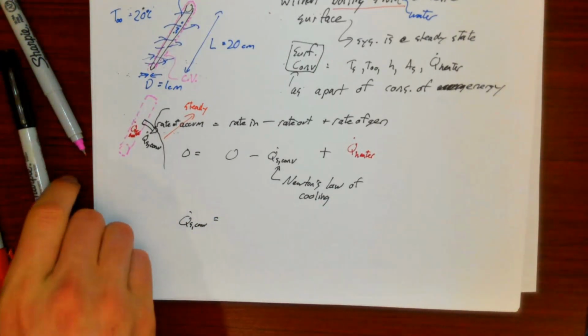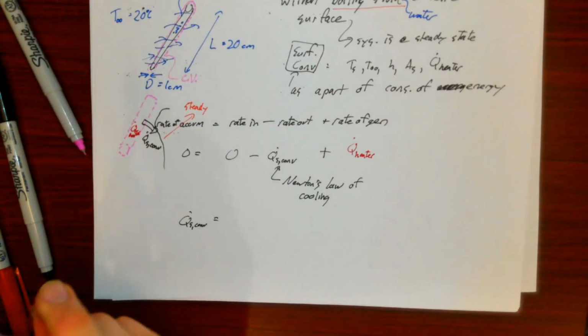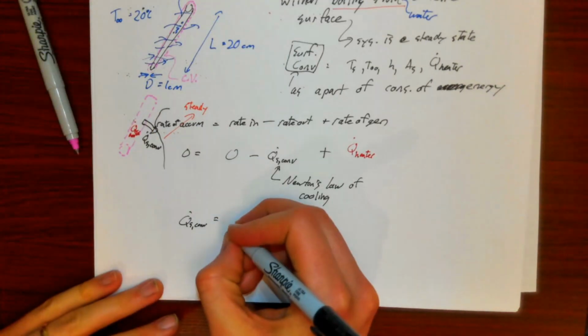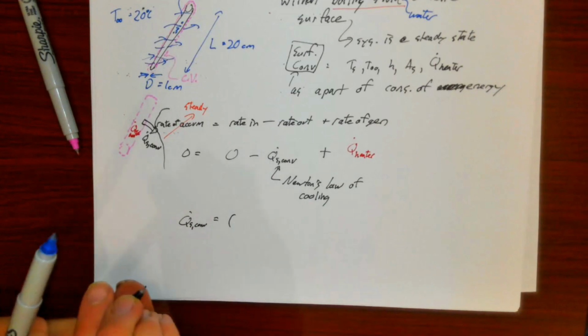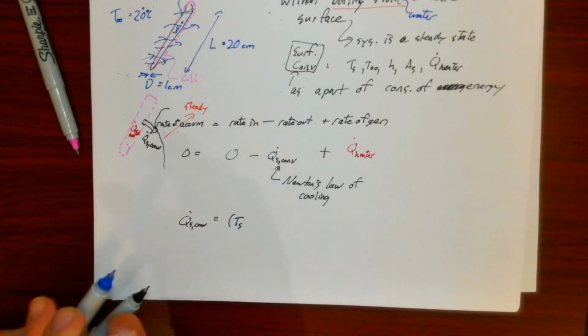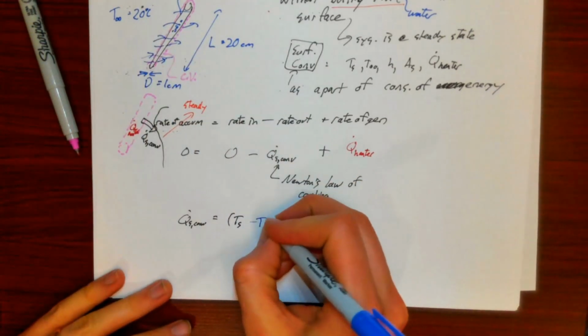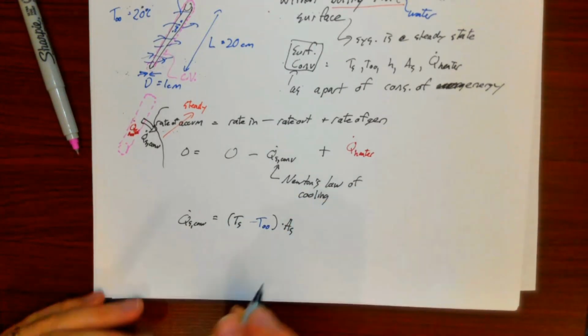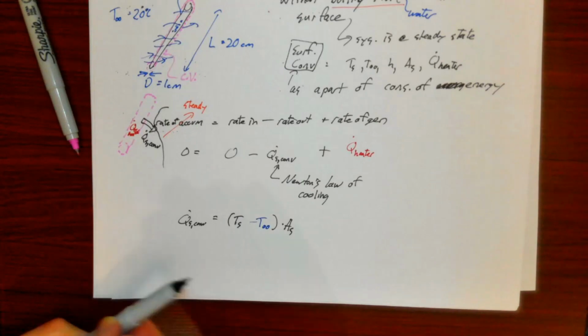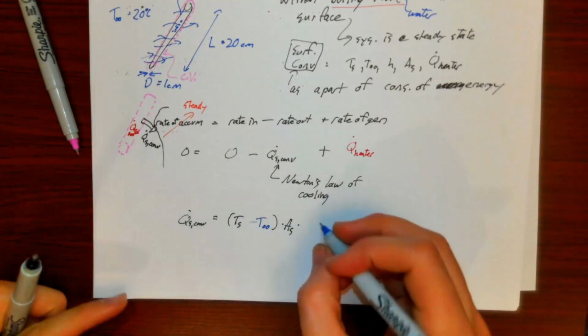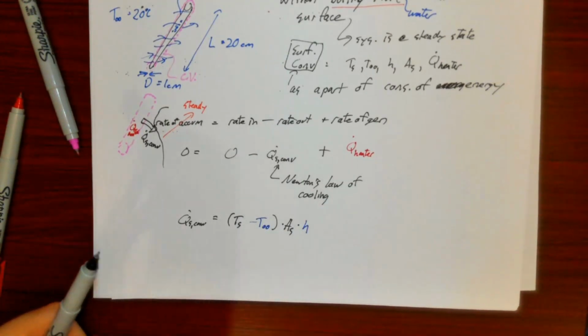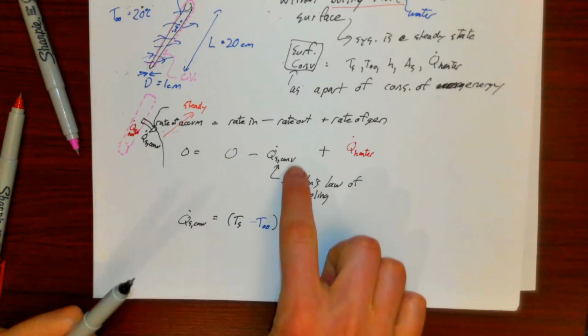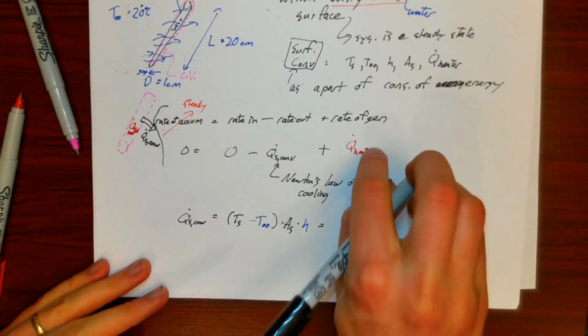Newton's law of cooling says it's Ts minus T infinity, which is a given, times the surface area times h, which is my convection. And if we bring this over to one side, this is going to be equal to the Q dot of the heater.